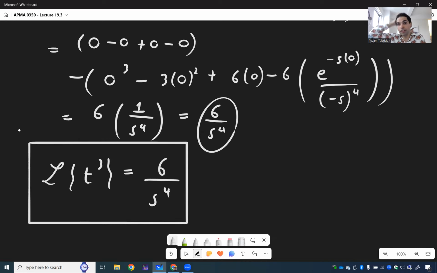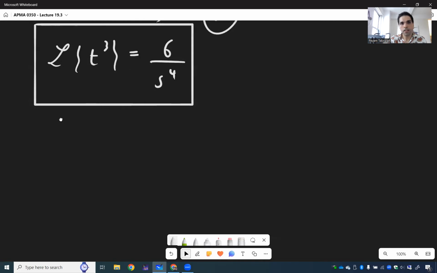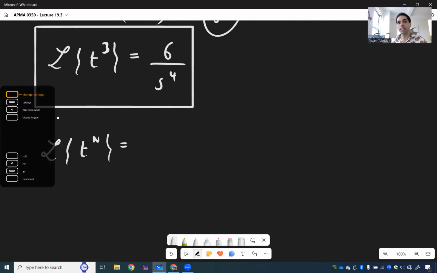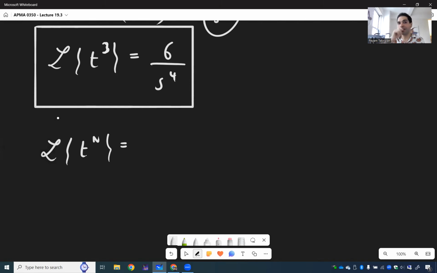And well, you can actually generalize this. So what about the Laplace transform of t to the n? How is 6 related to 3? Actually, if you do the calculation, 6 is really 3 times 2 times 1, which is really 3 factorial.